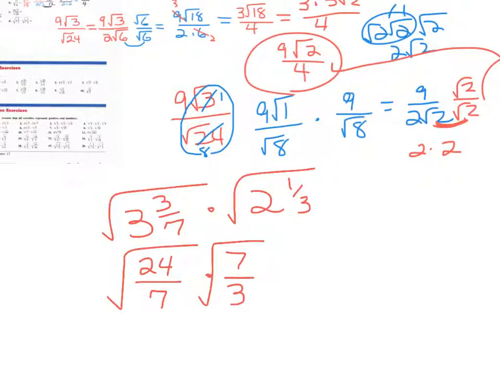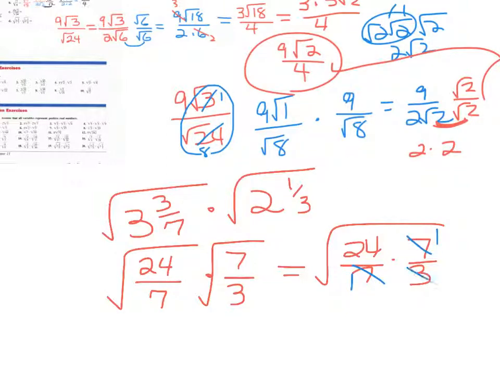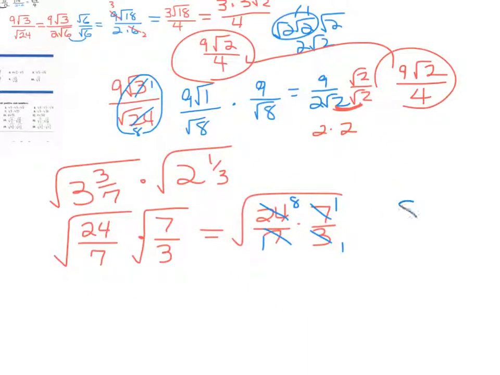Now, just like I did in the first couple examples, I'm going to move everything under the same radical. And I'm going to simplify on my diagonals. 1, 1, 1, 8. So now I have 8 times 1, 1 times 1.